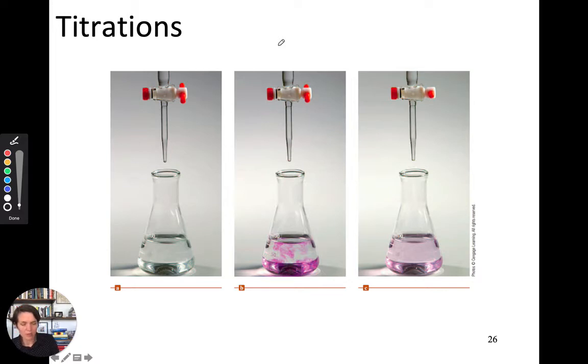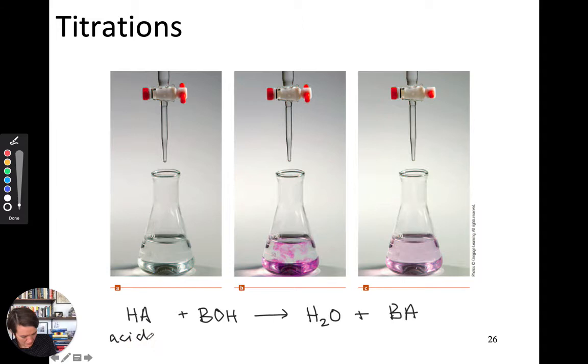So all acid-base chemistry that you're looking at is basically going to boil down to this: HA plus BOH going to H2O plus BA. So this is an acid plus a base.